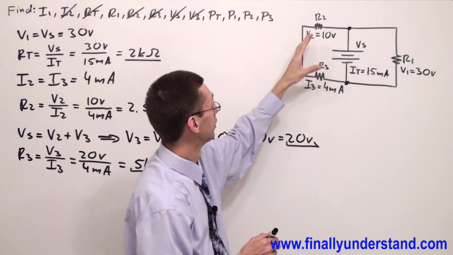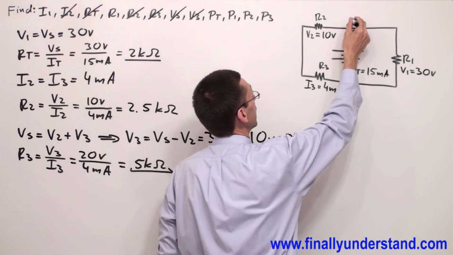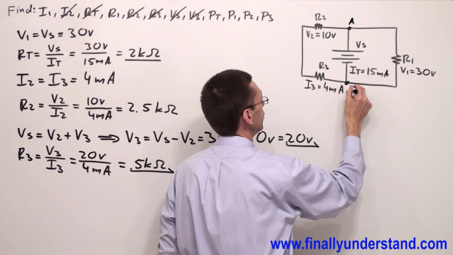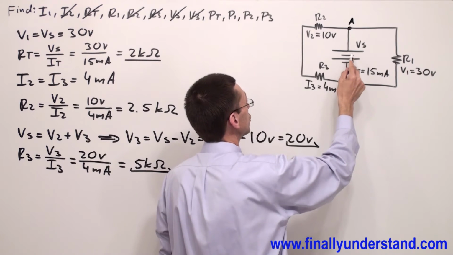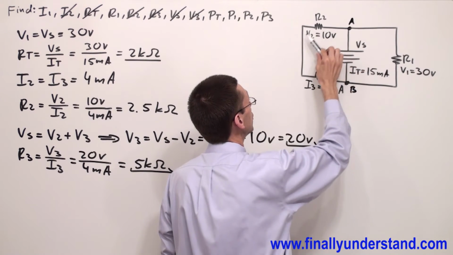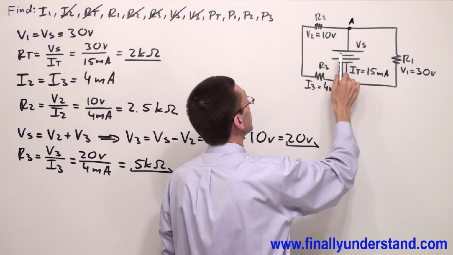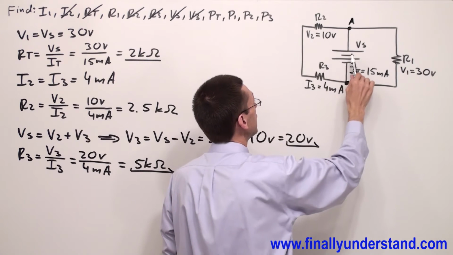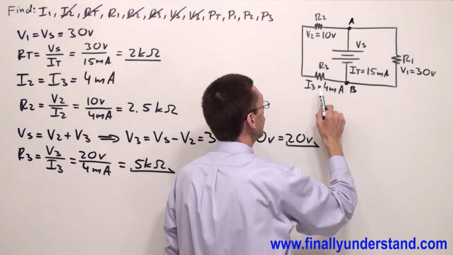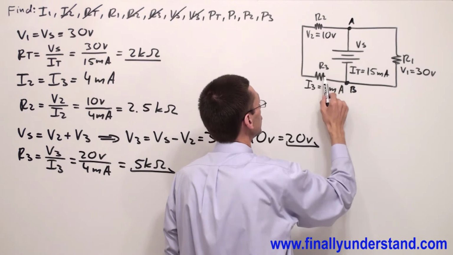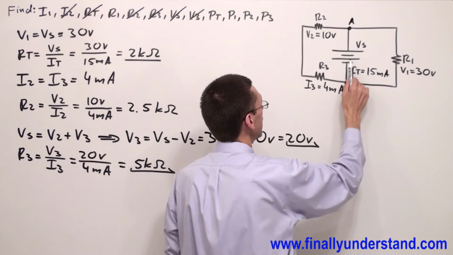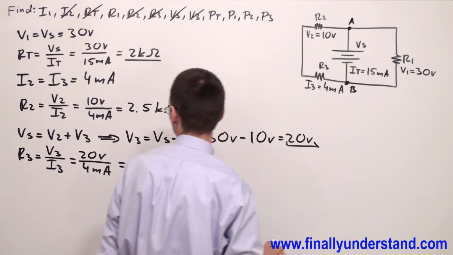Because this is my point A and this is my point B, my total current is going to split into two currents, right? Current I23 and current I1. I already know the current which goes through these two resistors, and I know I total, so I can find I1.